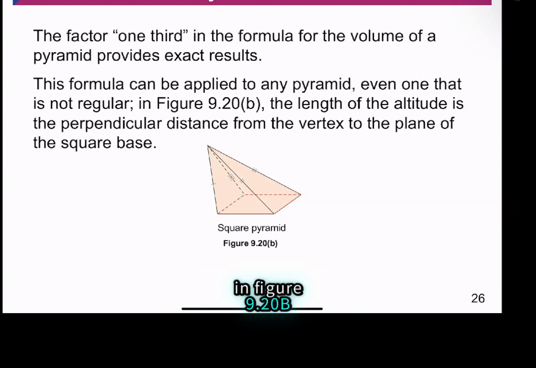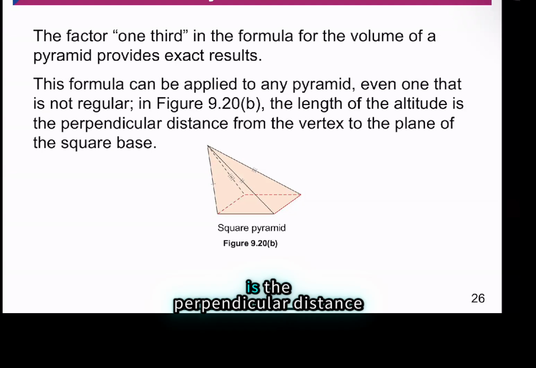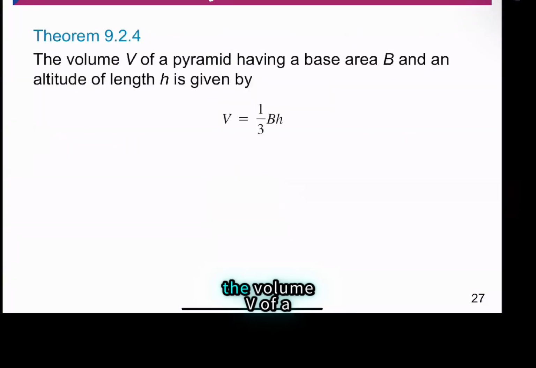In figure 9.20b, the length of the altitude is the perpendicular distance from the vertex to the plane of the square base. The volume V of a pyramid having a base area B and an altitude of length h is given by V equal to 1/3 of the base area B times the height.